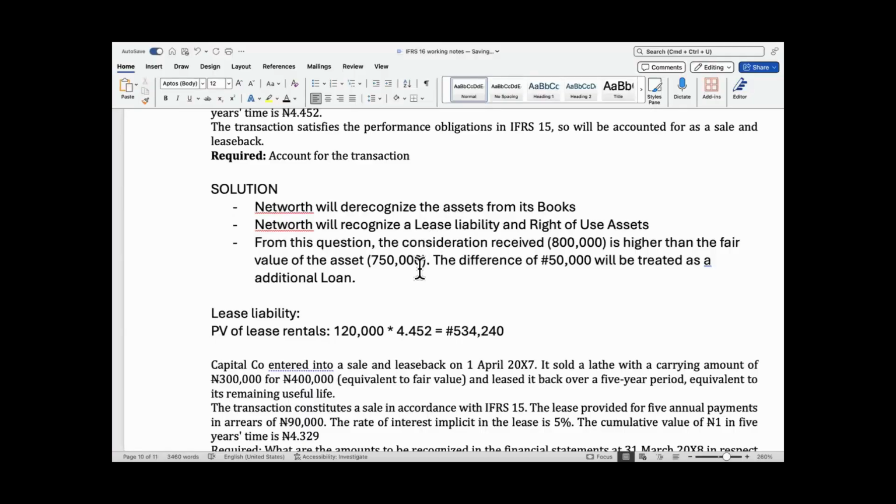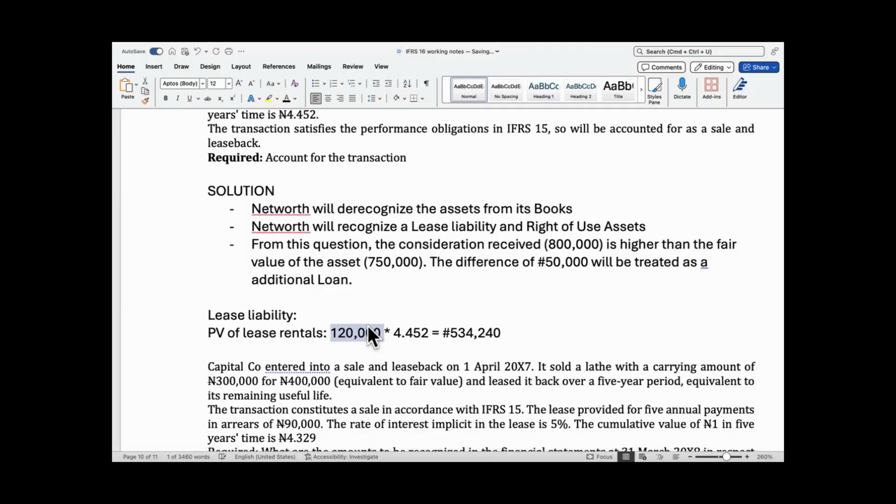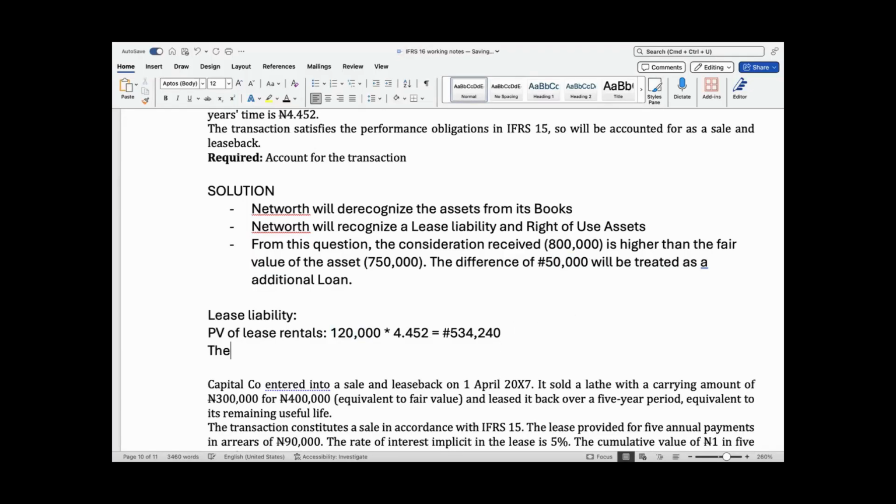Now, what I was explaining to you before, since the consideration received is higher, that means this 120,000 will include repayment of loan. This 120,000 is not just lease rentals. It includes a repayment of this loan. So it's above market rate. So the PV of lease rental should be adjusted for the loan.